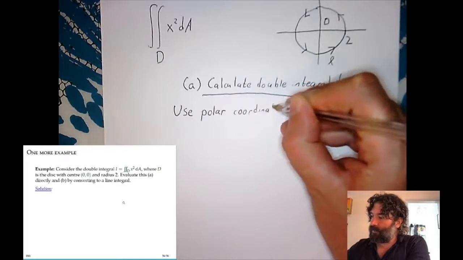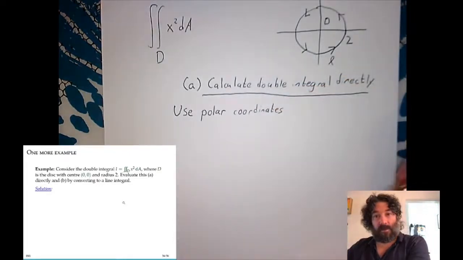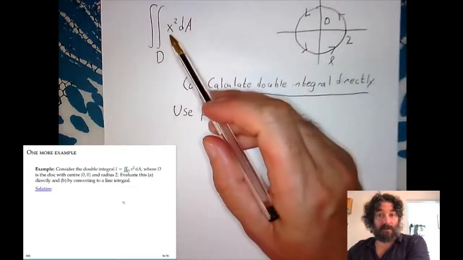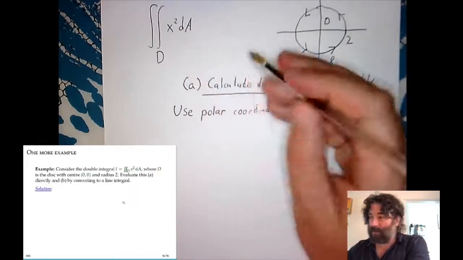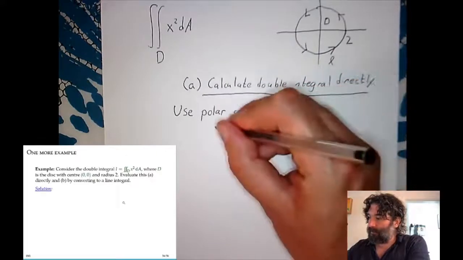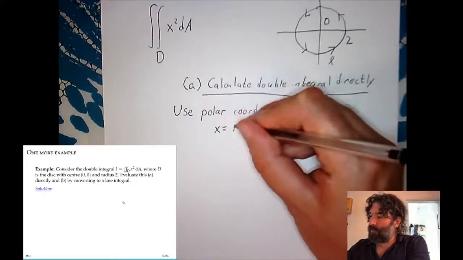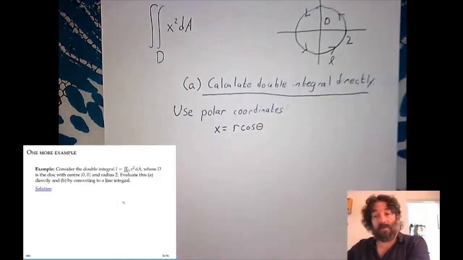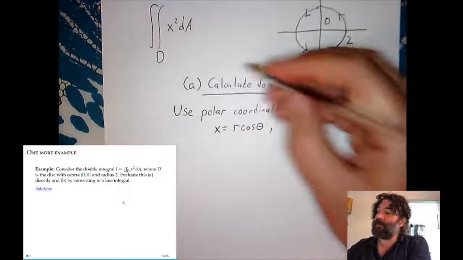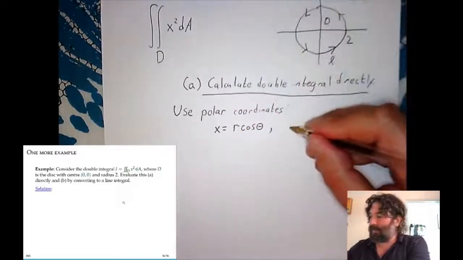The things we need to know in order to apply polar coordinates for this integral are just what x is, because y doesn't appear in the integrand. And remember, x in polar coordinates is r cosine theta. y would be r sine theta, but we don't need to know y in this case. And we need to know what the area form dA is.